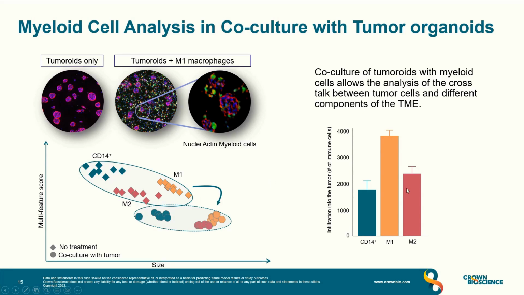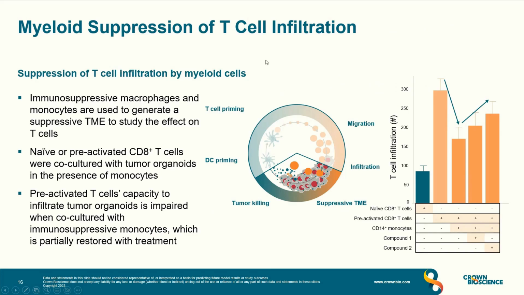In co-cultures, what you can see is that this also changes depending on whether the cells are close to the tumoroid cells or not. For example, the M1s are infiltrating into the tumor while the monocytes are located more distantly. And this is a final example for the myeloid cells I want to use.